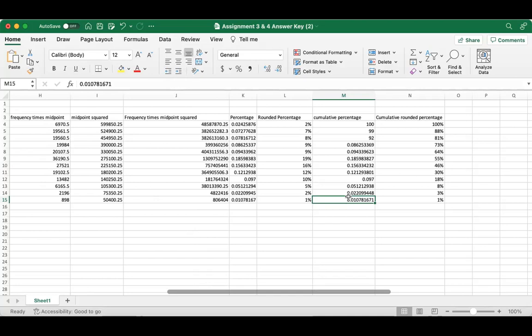And they're close, so that makes sense. VAR.S for sample, and then your brackets in your range. So we did standard deviation, we did the variability.